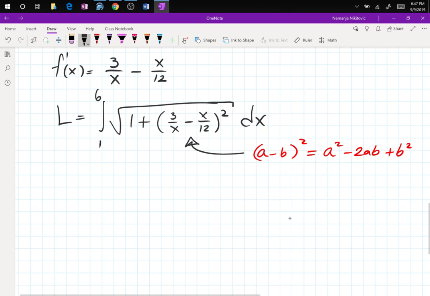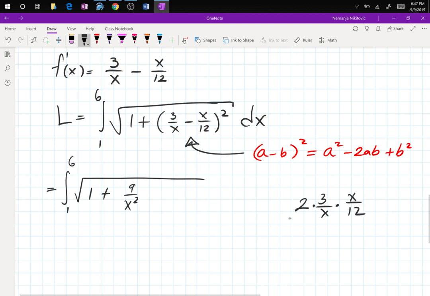So now, what I'm going to do is work out this calculation. So 3 over x squared, that is 9 over x squared. And now I have 2 times 3 over x times x over 12, because that's my 2ab term.